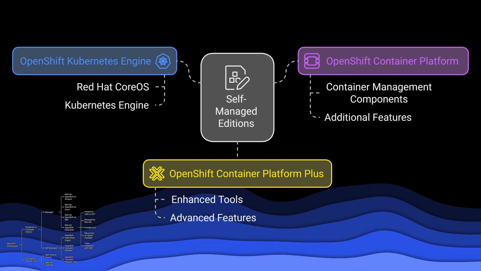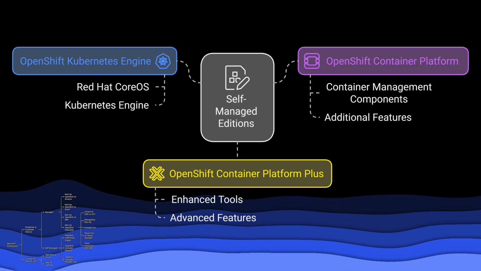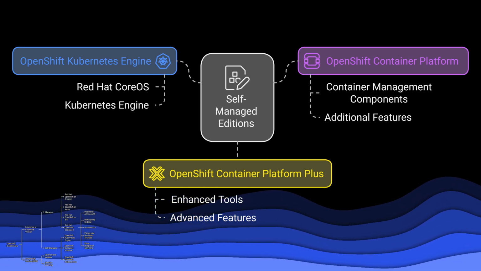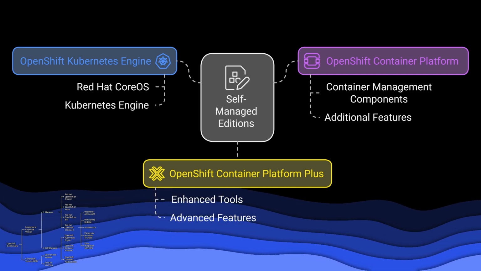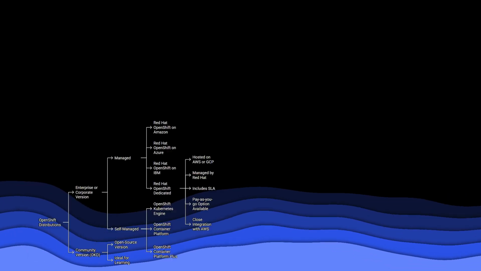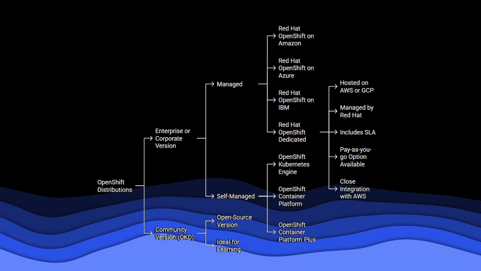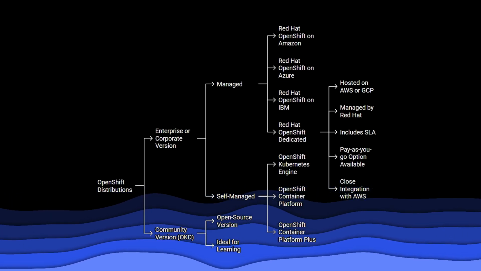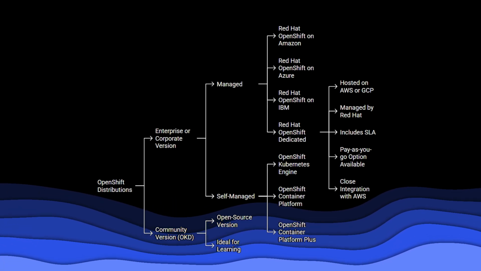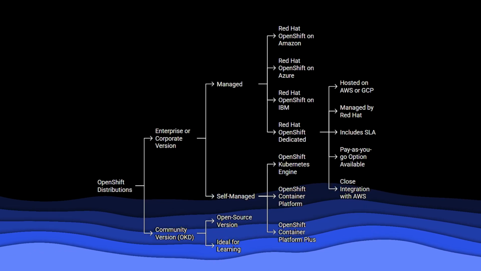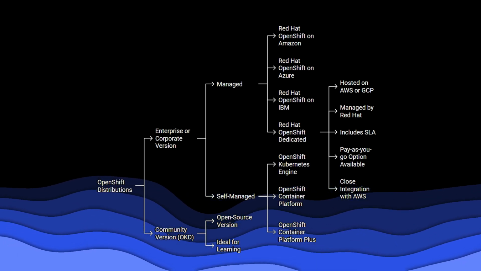So we've got OpenShift Kubernetes Engine for the minimalist, OpenShift Container Platform for the pragmatist, and OpenShift Container Platform Plus for those who really want ultimate power and control. It's a pretty neat progression, a tiered approach that allows you to choose the level of complexity and functionality that's right for you.